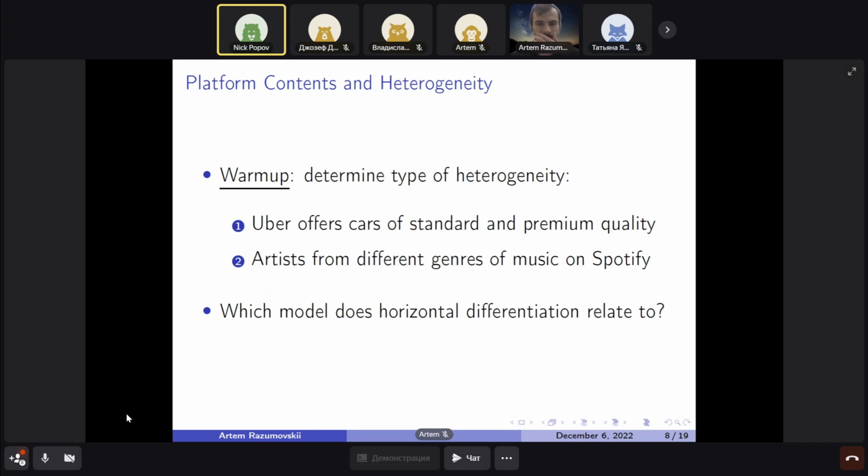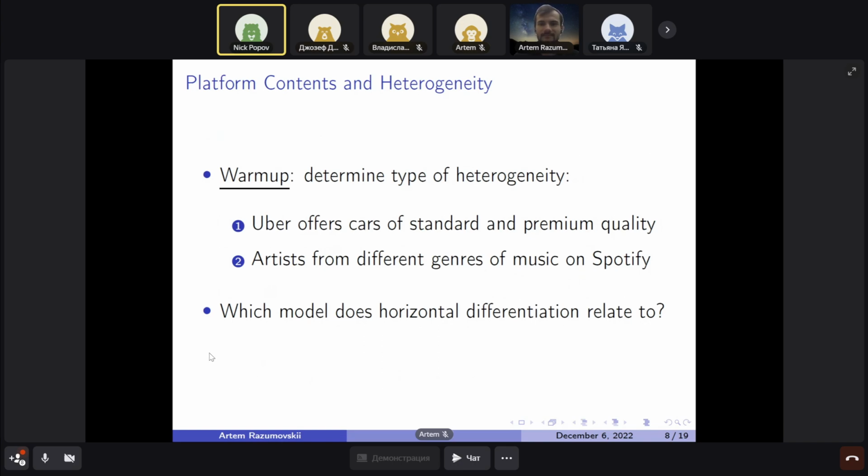As I understand it, vertical should be about some kind of quality observed and agreed by all agents. So I guess it's the first one. A standard car is definitely worse than a premium car.